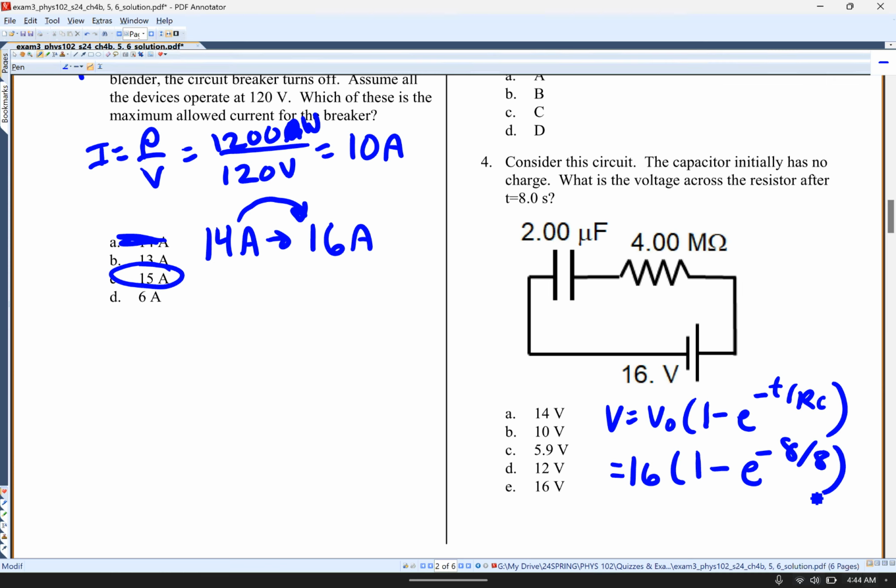And so I'll solve that. 16 minus 16 times e to the minus 1. And I get 10.1, or 10 volts is the right answer, number 4.